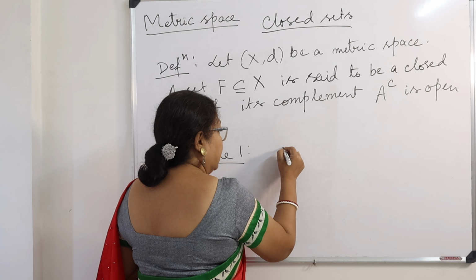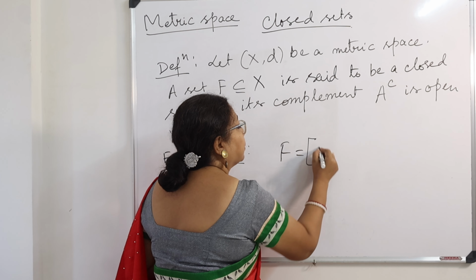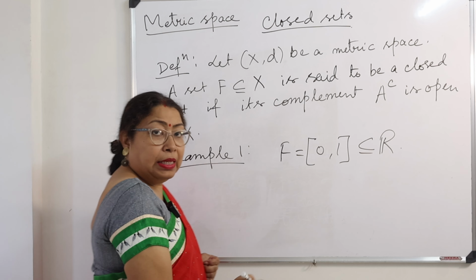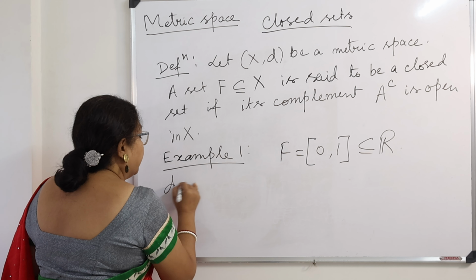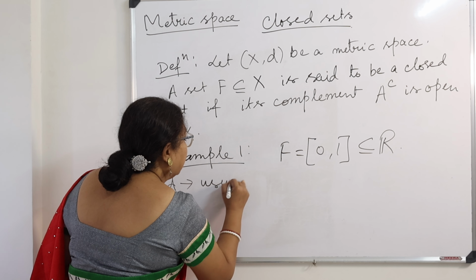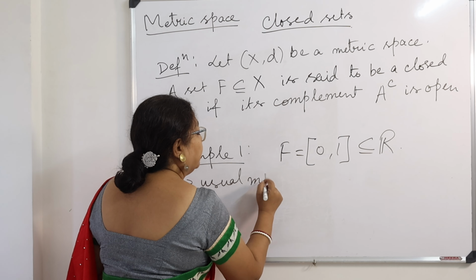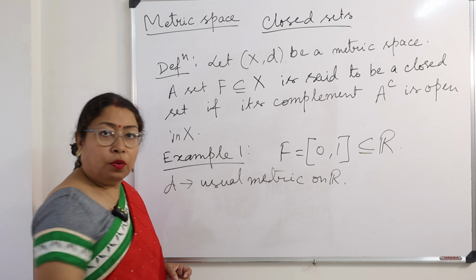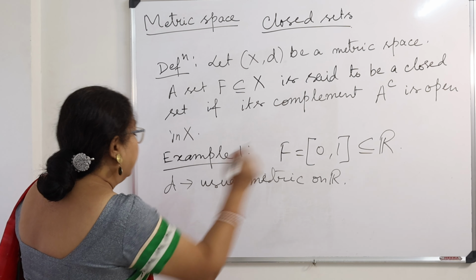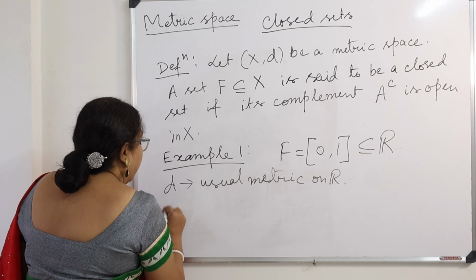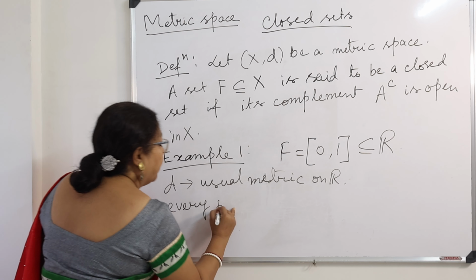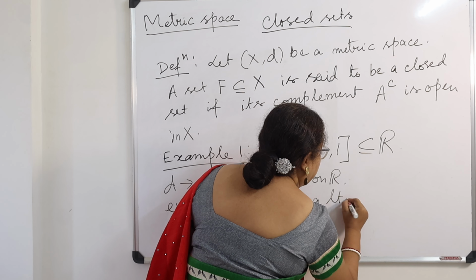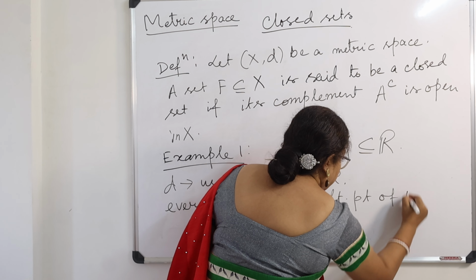Suppose F equals the closed interval [0, 1], and obviously it is a subset of R. Here the metric d is the usual metric on R. Then you know that every point of F is a limit point of F.